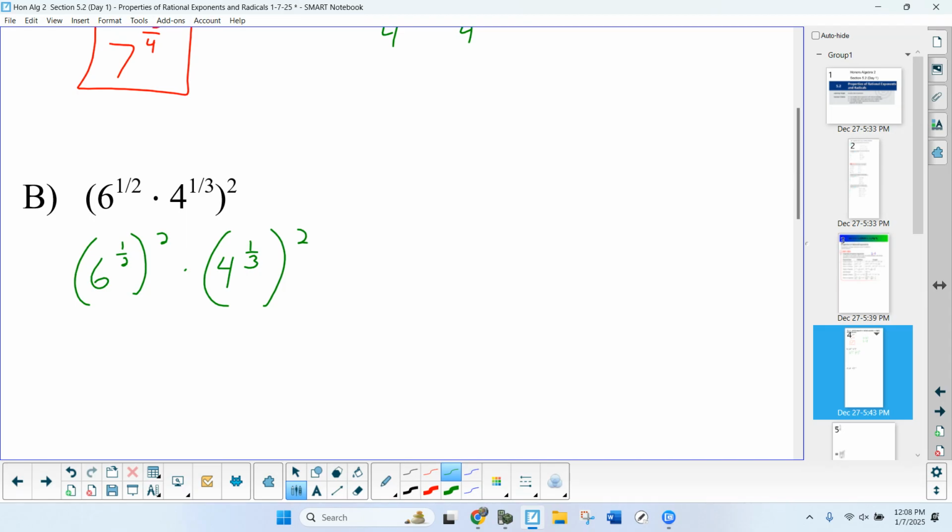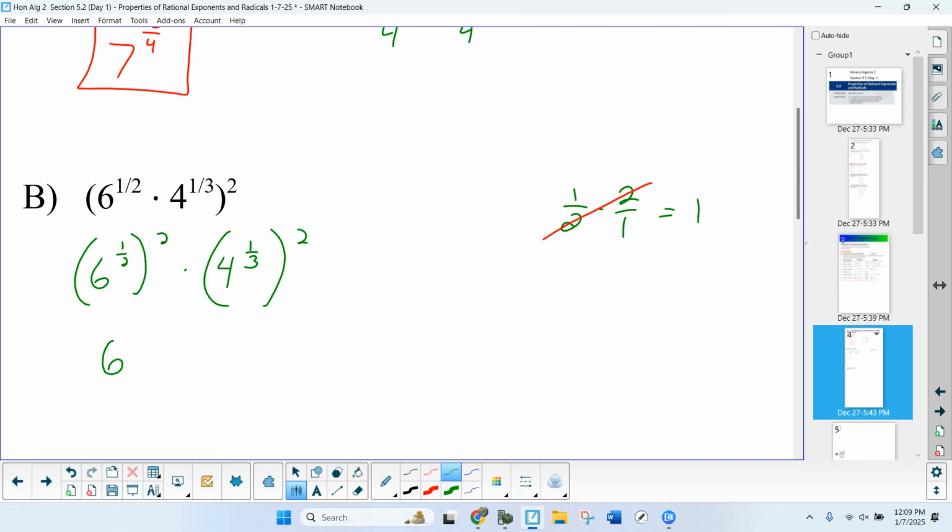And what do you do when you have a power of a power? Multiply. Okay, what's 1/2 times 2? 1/2 times 2 over 1. What happens to the 2's? And you're just left with 1. Do you see that? Okay, so this is 1.